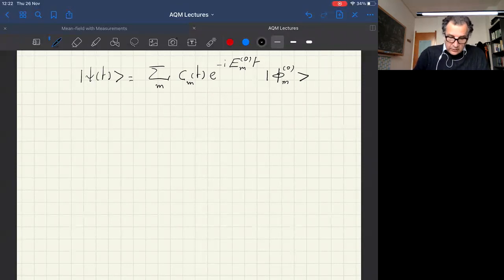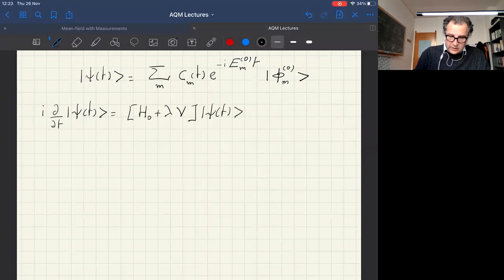And I remind you that the Schrodinger equation is i d/dt psi of t equal to h0 plus lambda v, psi of t. So I just take this and plug it in the Schrodinger equation.